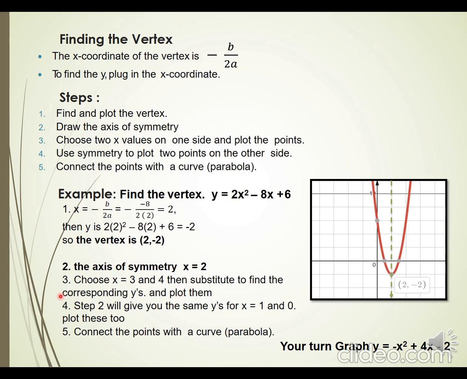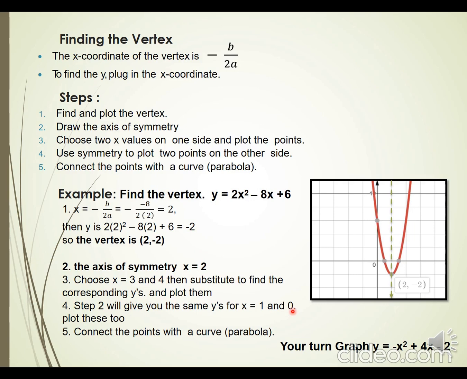Then we plot them. Step number 4, as you got 3 and 4, what are the corresponding points? If 3 is 1 step forward from 2, what's the point 1 step backward from 2? It's going to be 1. And if 4 is 2 steps away from 2, then 0 is the point on the other side.